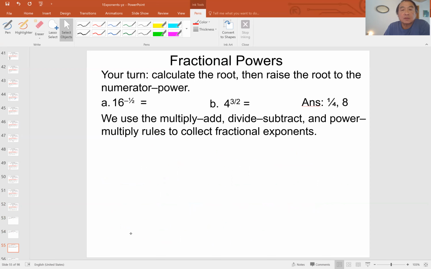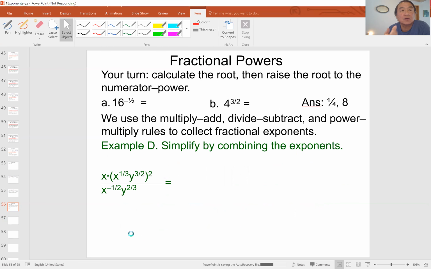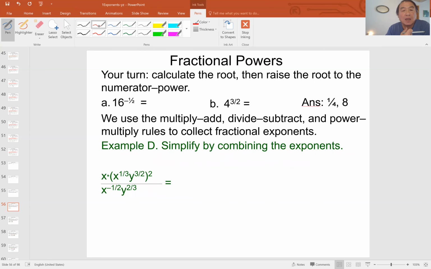These fractional exponents can also be collected when we multiply these roots. Multiply, we add exponents; divide, we subtract exponents, etc. These rules are still true, even when we use fractional power. So this question asks us to collect all the powers together. Don't convert everything to cube root or square root.